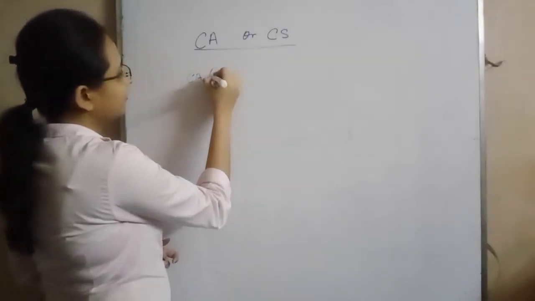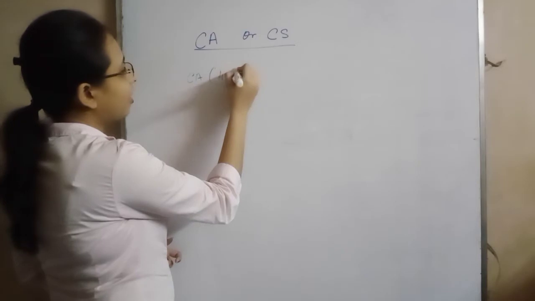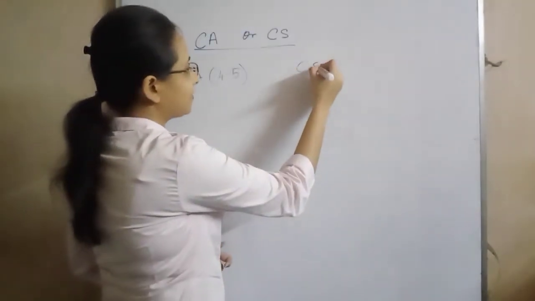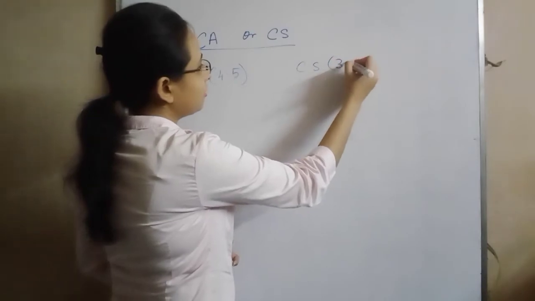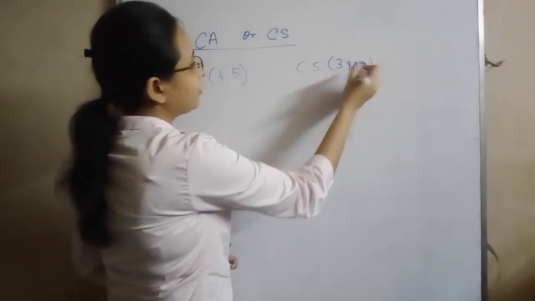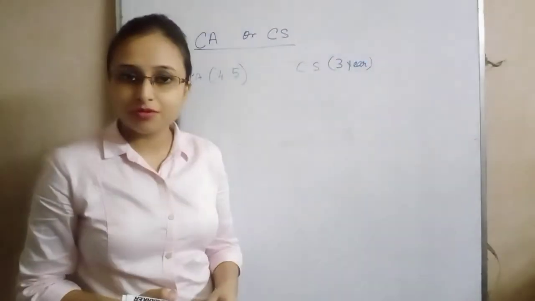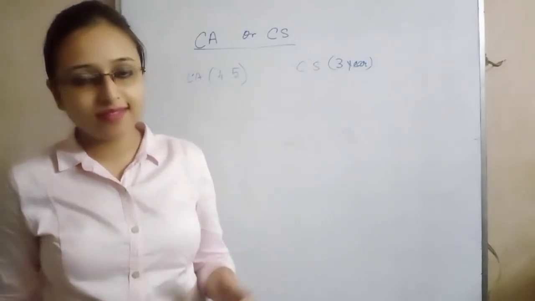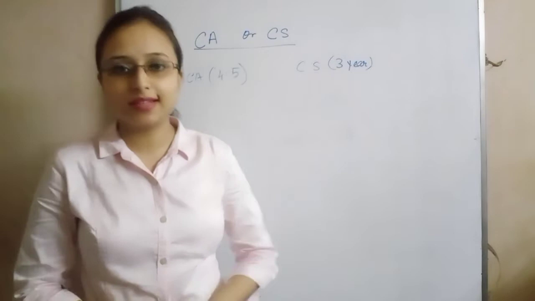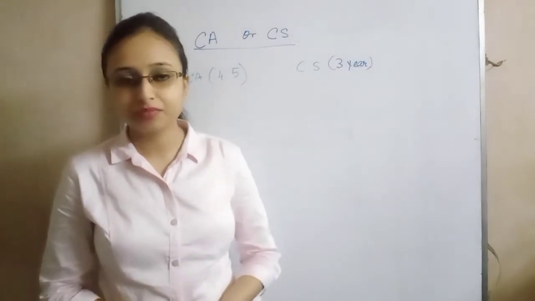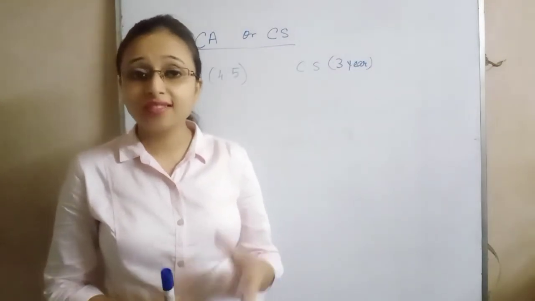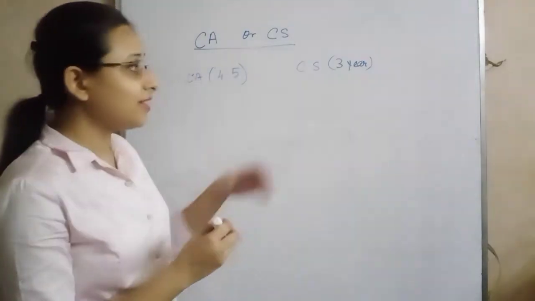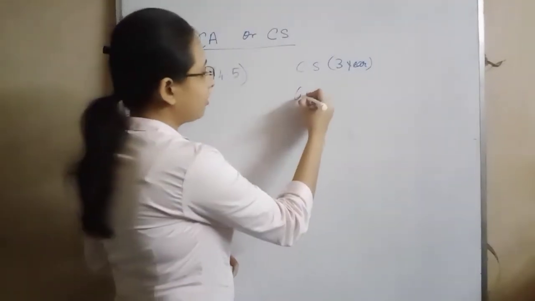CA takes around 4.5 years to complete and CS takes around 3 years to complete. It varies from quarter to 3 years to complete our syllabus and our exams. Along with it, we will be getting our certificate and everything. Now, the subjects that CS or CA focuses on are, CS will focus mainly on company law.